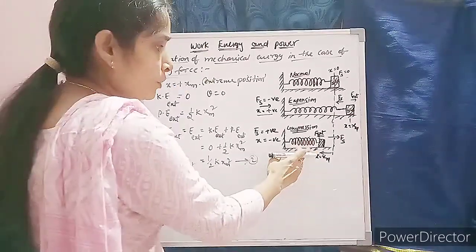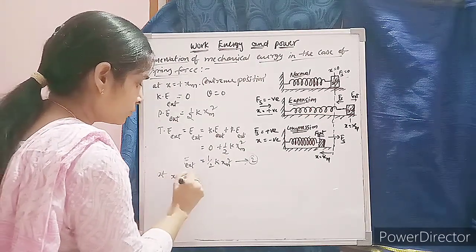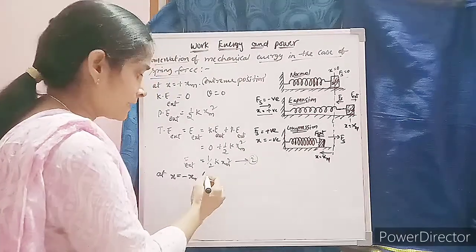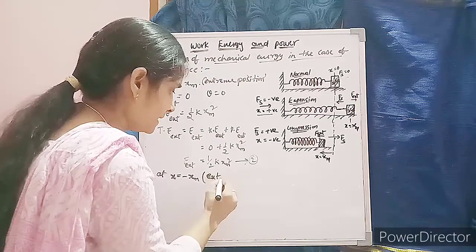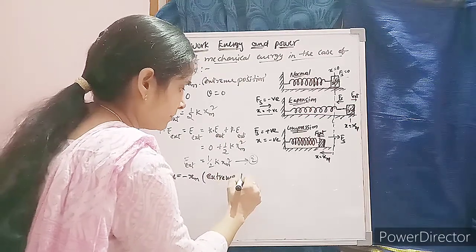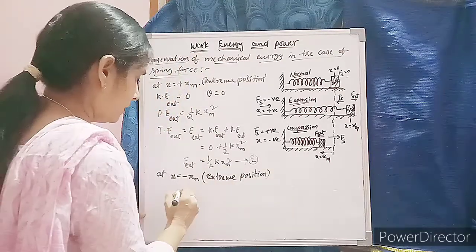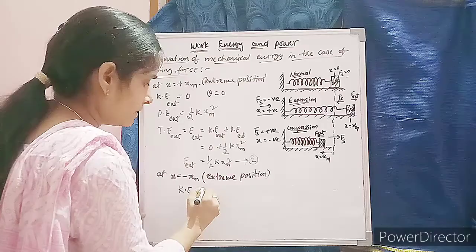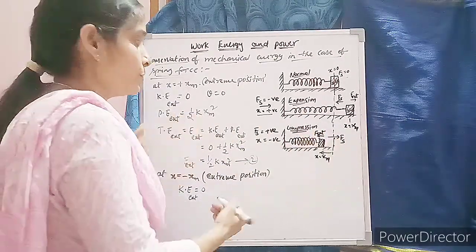Now coming to x is equal to minus xm. In negative x-axis, the extreme position is x is equal to minus xm. Here the kinetic energy is 0, because whenever it reaches the maximum displacement, the velocity becomes 0.